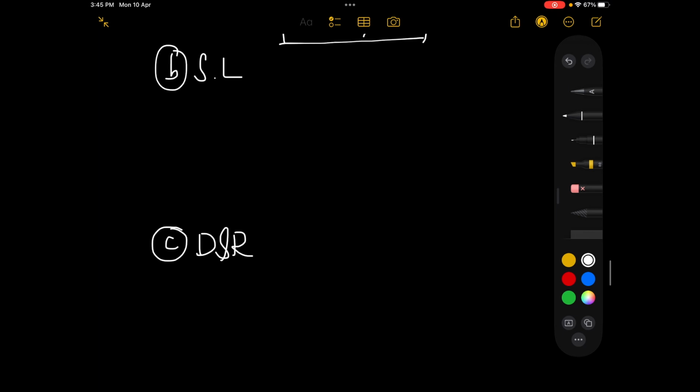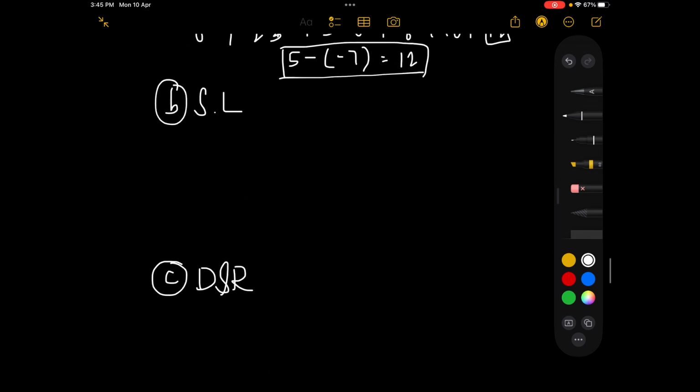Alright, now we have covered addition and subtraction and also the basic concept of integers and how to deal with negative numbers. We have also seen the rules that you have to follow: same sign, positive, like plus plus is plus, minus minus is plus.